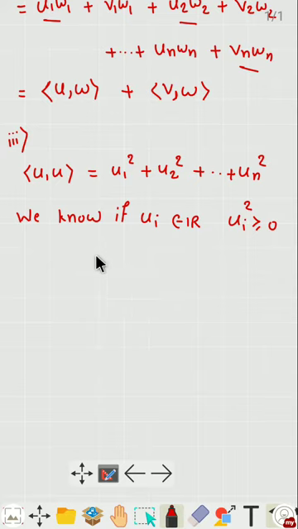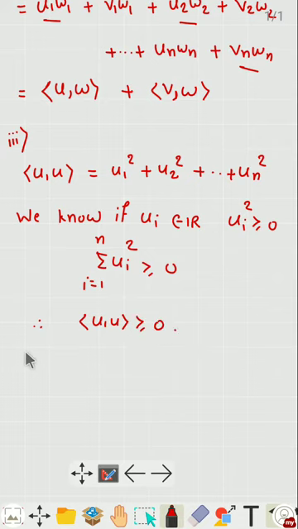Therefore, the summation of ui square, i runs from 1 to n, is also greater than or equal to 0, and therefore the inner product of u with u is greater than or equal to 0. So this is non-negativity or positivity, that property is satisfied.